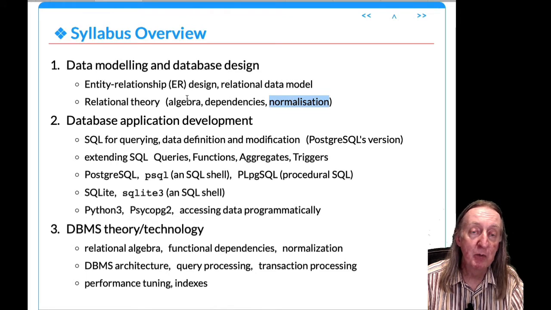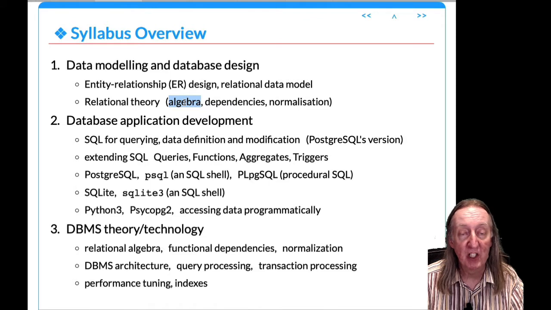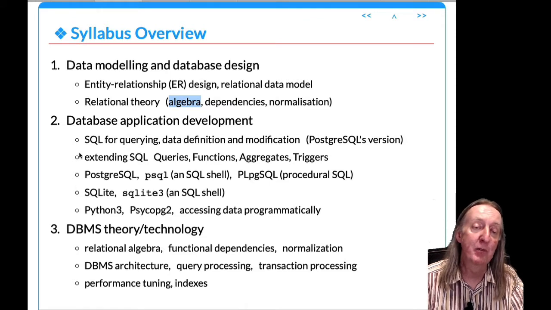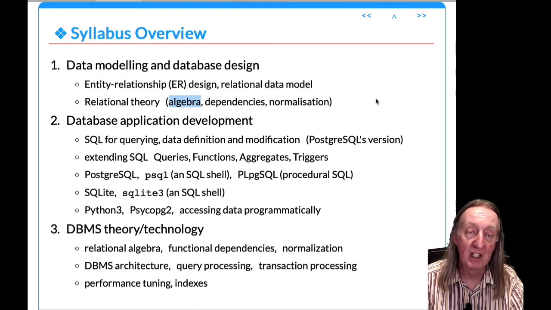And also we would have talked about relational algebra early on because you can use that as a background for then talking about SQL. But on the other hand, you can just launch straight into SQL, which is what we did, and then we came back and looked at relational algebra.